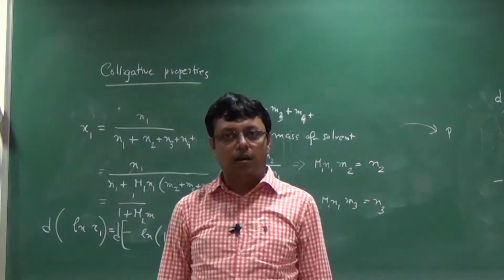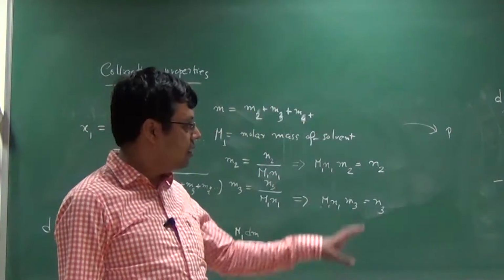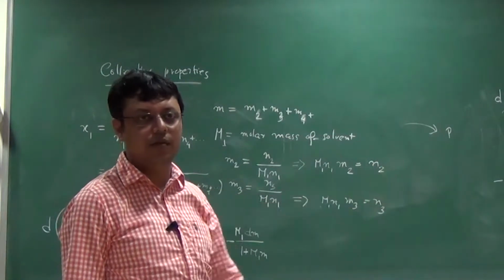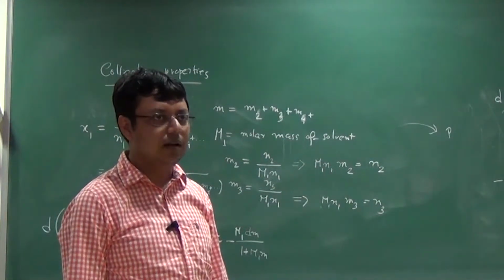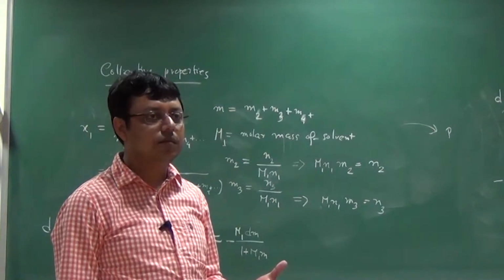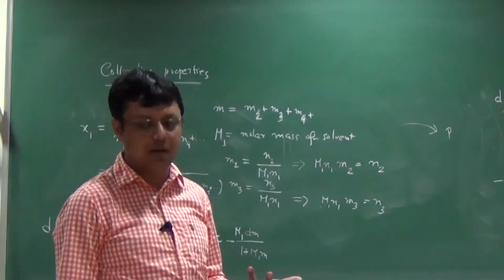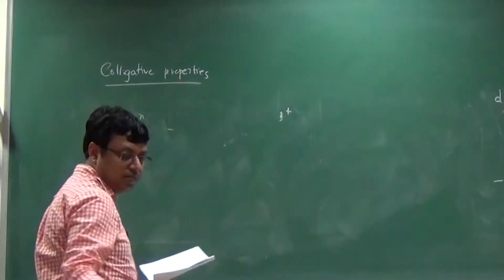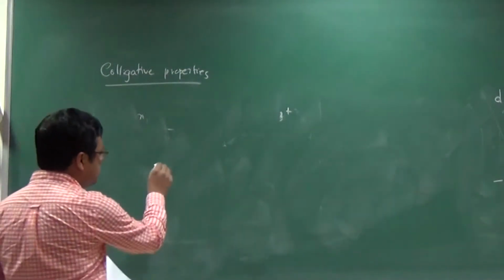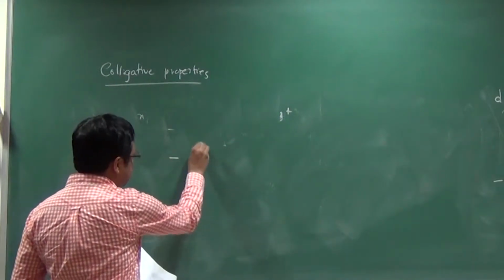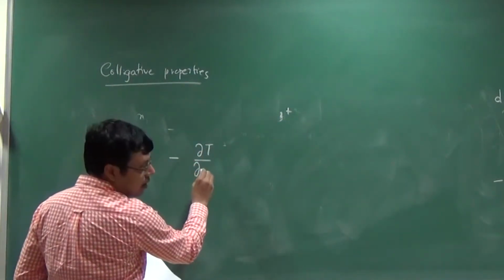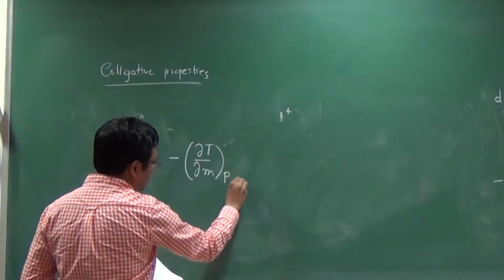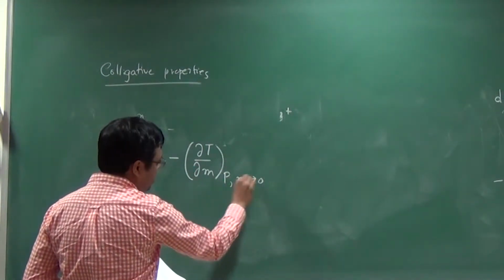Now I can see that it is basically a constant times a function of small m, right? And that constant we call the freezing point depression constant. Ideally the freezing point depression constant is defined as this quantity, which is the negative of del T del m at constant pressure when molality tends to 0.